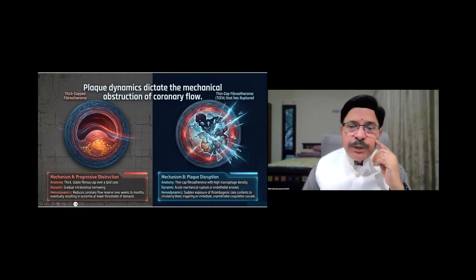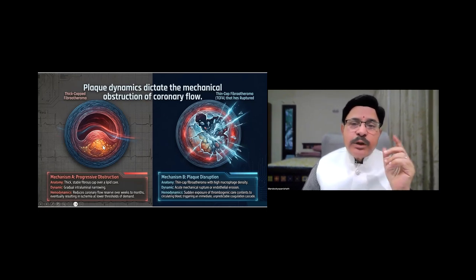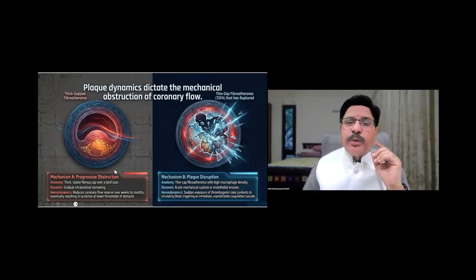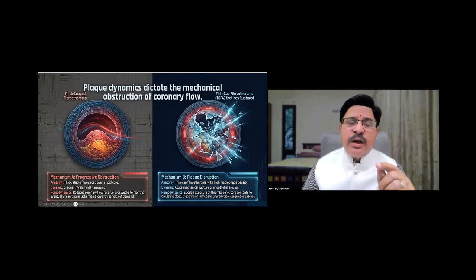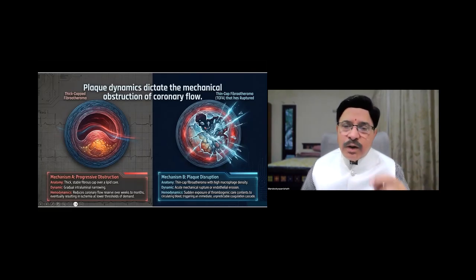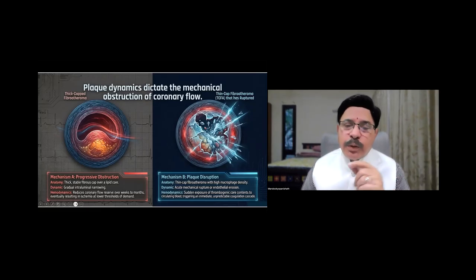So in a given patient, can I say whether he has got a thick cap fibroatheroma or a vulnerable fibroatheroma? This is non-vulnerable, this is vulnerable. Can I say, do you have biomarkers in the blood to say whether a particular patient has got a thick capped non-vulnerable plaque or a thin capped vulnerable plaque?